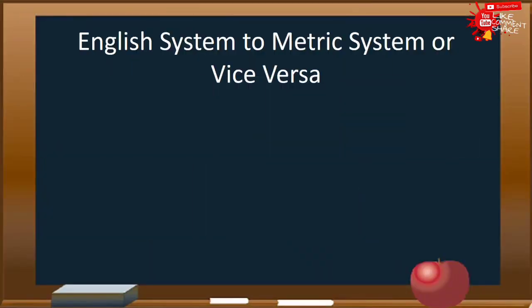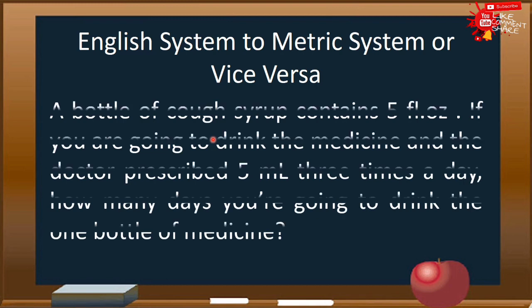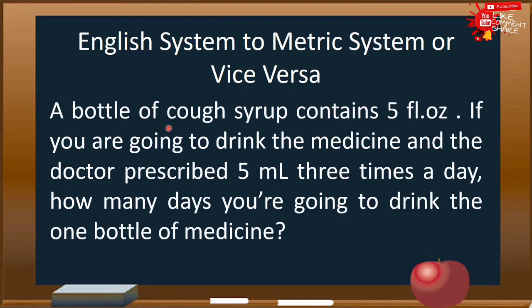Let us have an example for the English system to metric system or vice versa in word problem. We have here a bottle of cough syrup that contains 5 fluid ounces. If you are going to drink the medicine and the doctor prescribed 5 milliliters 3 times a day, how many days are you going to drink the 1 bottle of medicine?